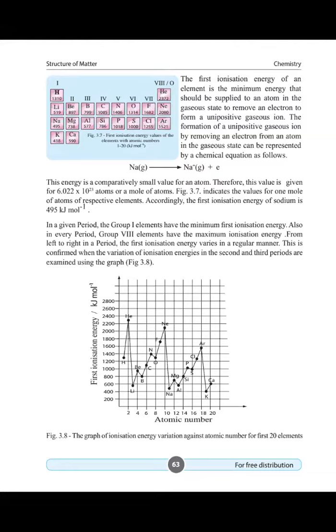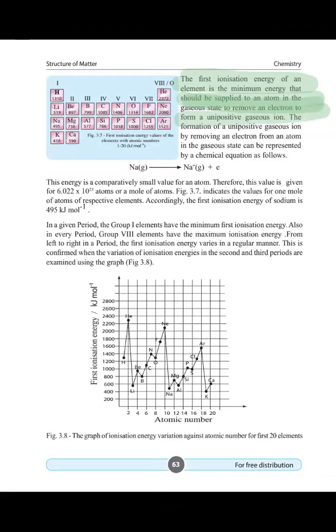The first ionization energy of an element is the minimum energy that should be supplied to an atom in the gaseous state, to remove one electron to form a unipositive ion, plus one ion. That definition is very important.